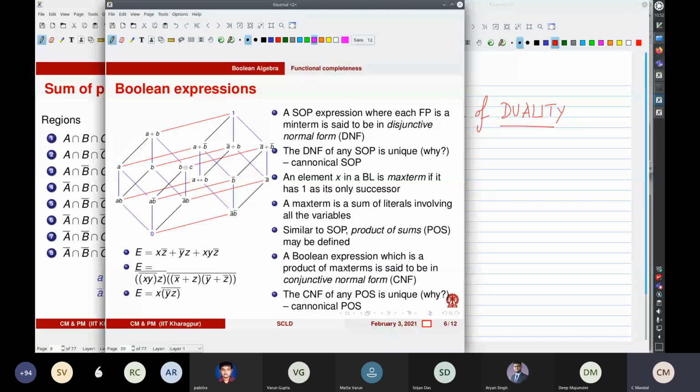It is possible to do the whole thing with the max terms and use the meet operation instead of the join operation, or very simply you can just use the principle of duality, because the lattice is a fully symmetric structure. So the principle of duality is very important. If you have one theorem, its dual is also a theorem in Boolean algebra.